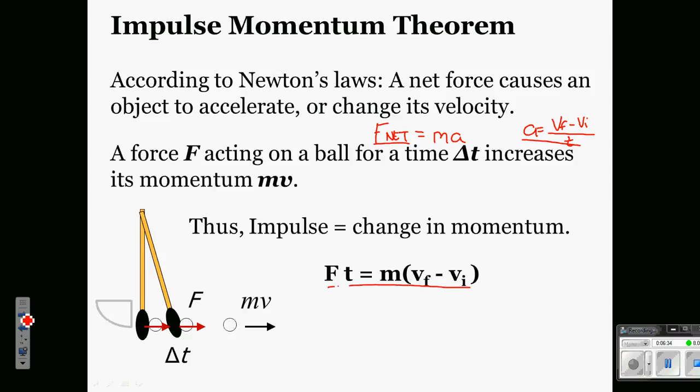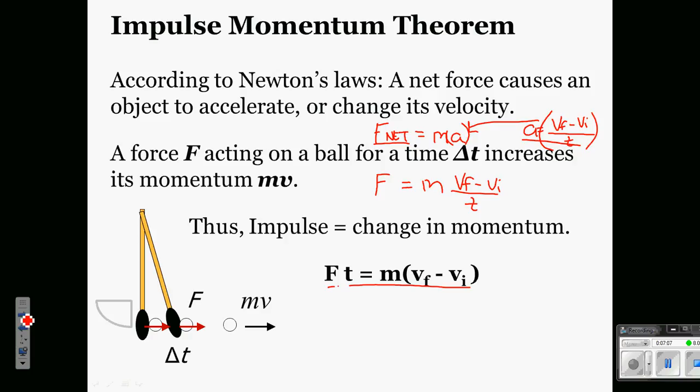Remember that a force acting on a ball for a time increases its momentum, its mv, because we talked about that earlier. Now, if I have the force and I have m, I can actually put Vf minus Vi divided by t, and that is very appropriate because that is the same thing as a.